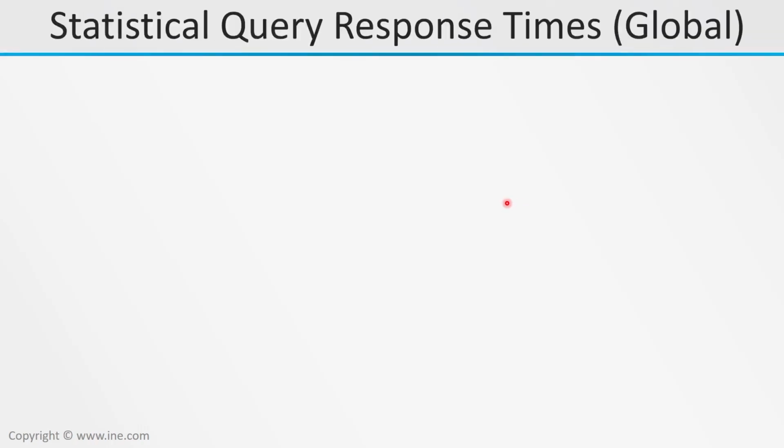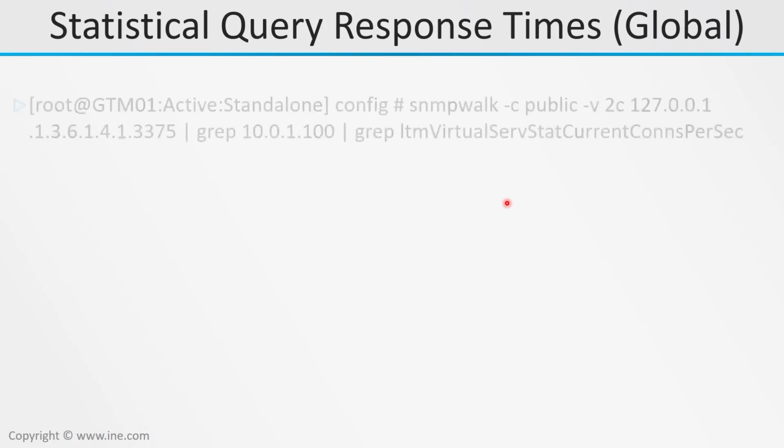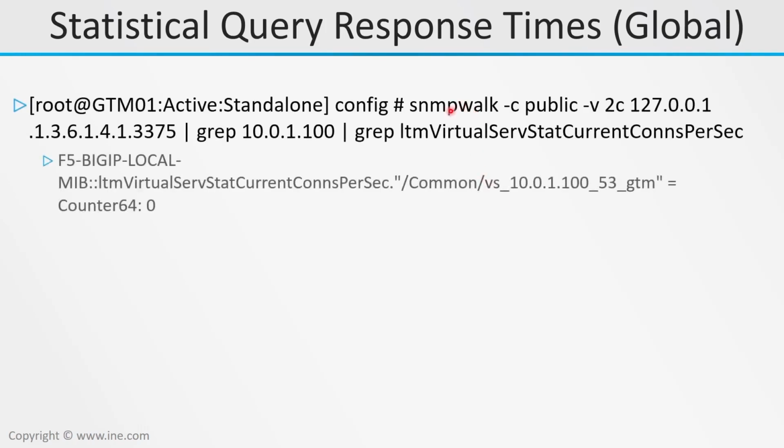Okay, to see that same information from the previous slide from the GUI via the command line, we can use snmpwalk to collect information about our global listener. So we're specifying snmpwalk and then the community public. The version is SNMP version 2c, to our agent, which is the local loopback, and then the F5 default OID.